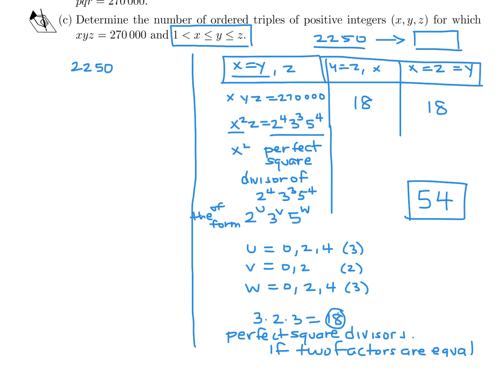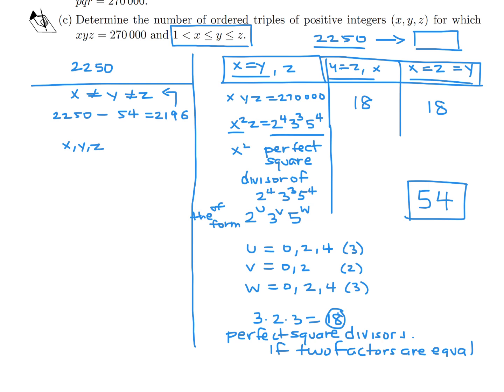Okay, so now what we're going to do is we're going to look at a scenario where x, y, and z are all different. So from the 2250 total, we can subtract the 54. So we know that is 2196, and that would be a potential number of cases that match that, since the 54 match these guys up here. But the 2196 I think overcounts by a lot, because if you have x, y, z, you can have 6 iterations.